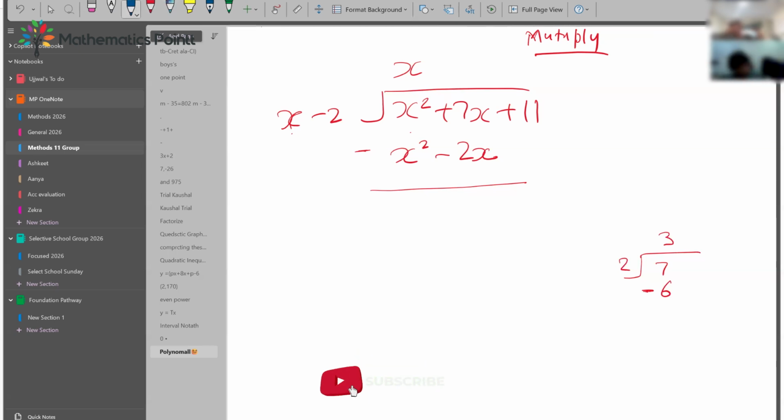So this x square here is a positive, make it negative. And this 2x is a negative, make it positive. Now do the subtraction. X square positive, x square negative, gone. Cancels out. Positive 7x plus positive 2x is a positive 9x. And then you bring the next term down, which is plus 11.